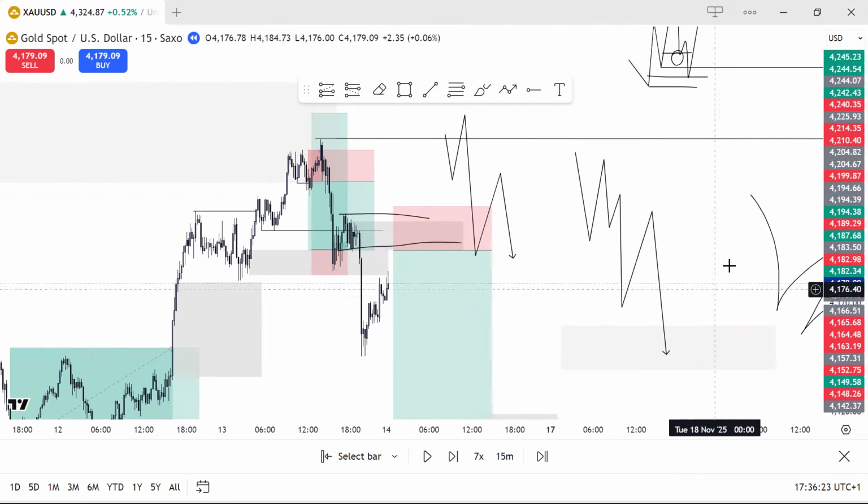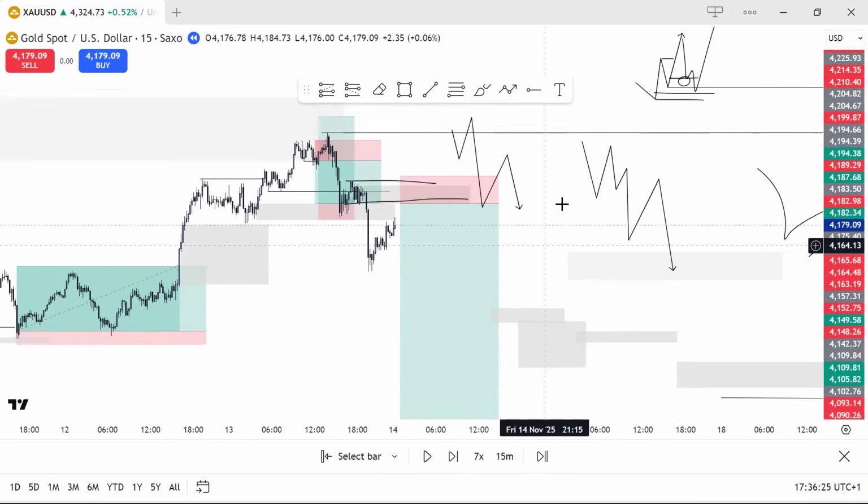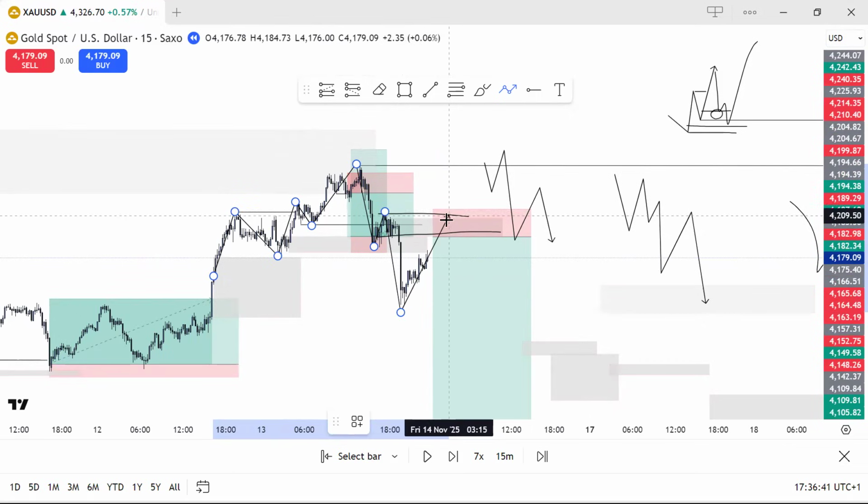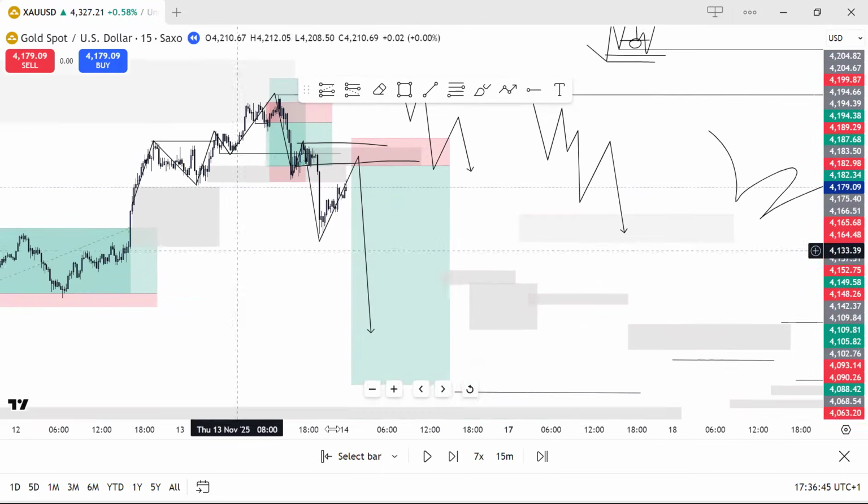But here's what I'm showing you. This is what literally happened. Push, then inducement. People wanted to buy it here because of this inducement, but they bought for a while and manipulation took them out. So price needs to mitigate and sell. It's as simple as that.